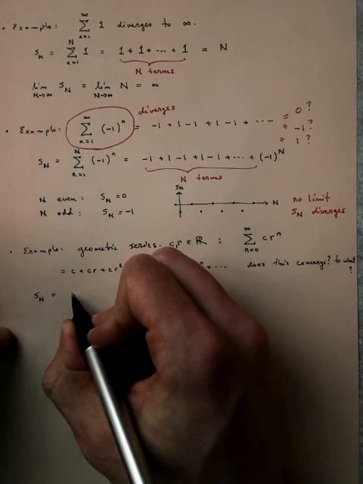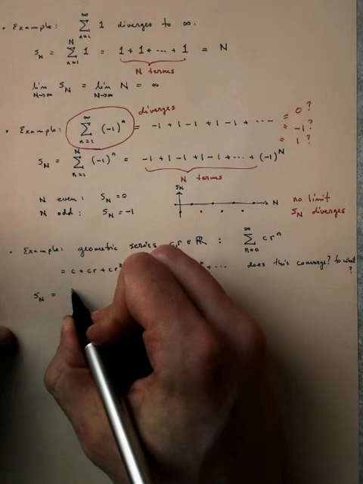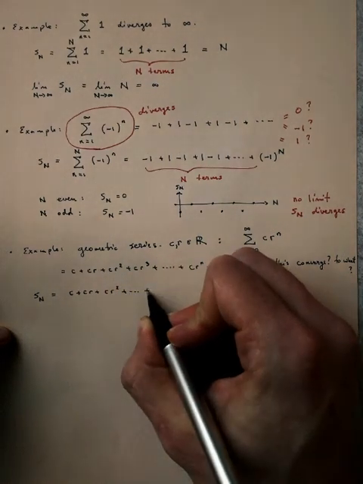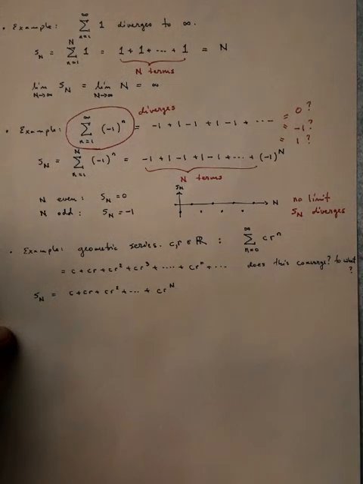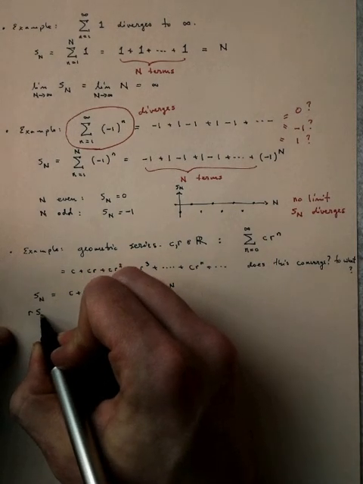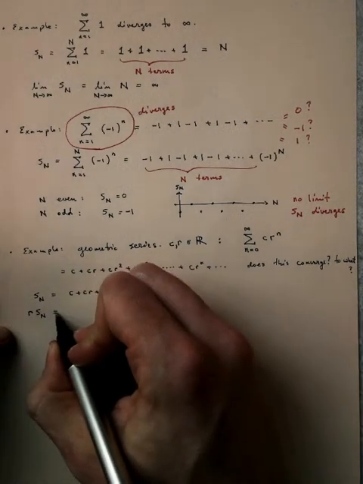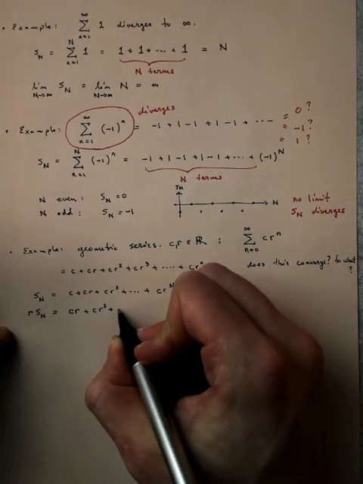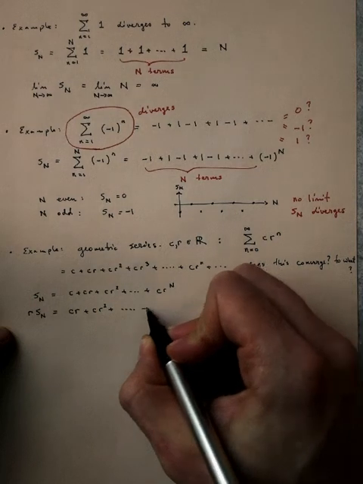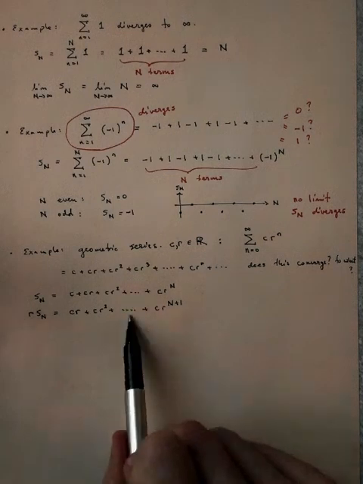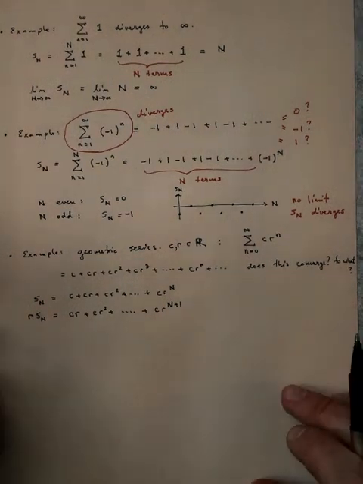So Sn is just equal to c plus cr plus cr squared all the way up to cr to the big N. Now look at this. If I multiply Sn by r, this is equal to cr plus cr squared all the way up to cr to the N plus 1. So I'm just multiplying every term in here by r.